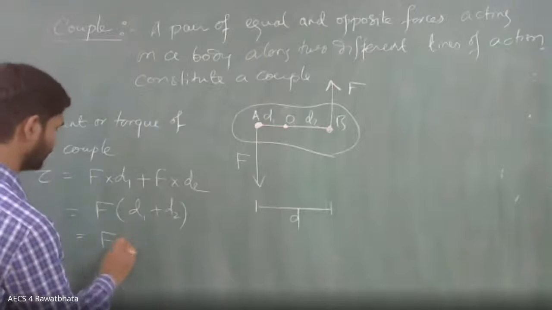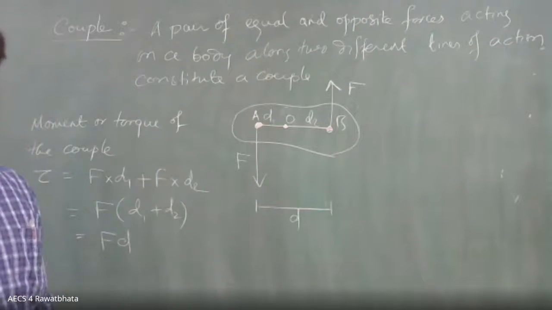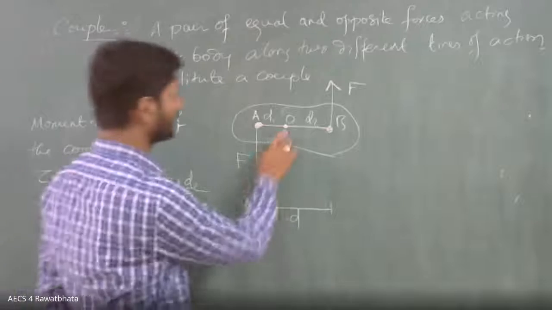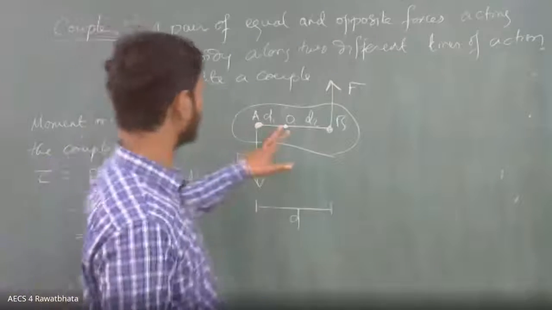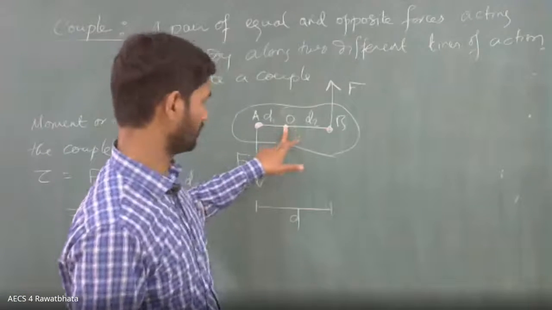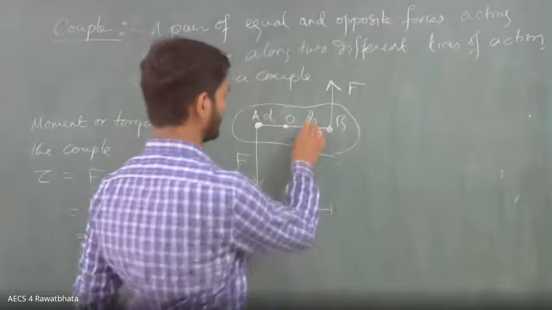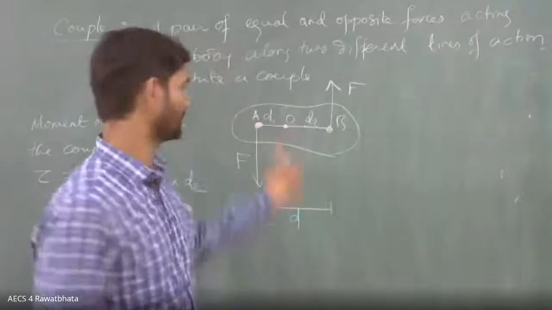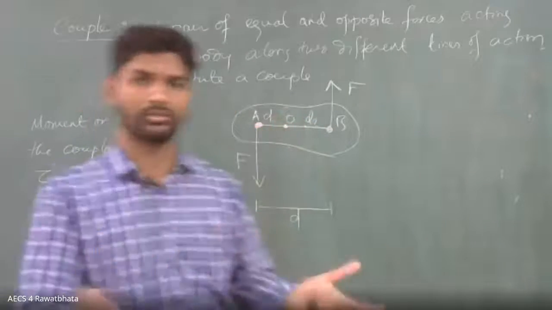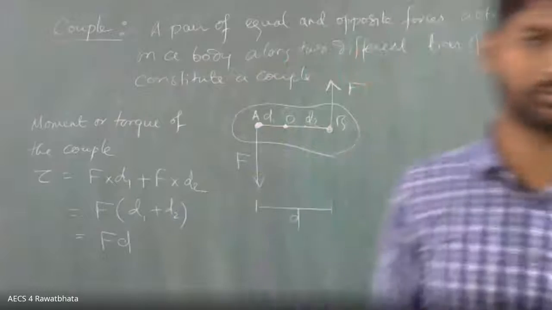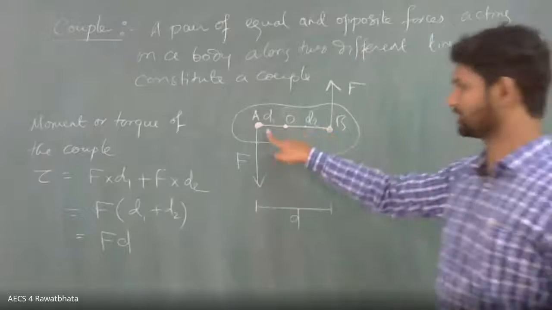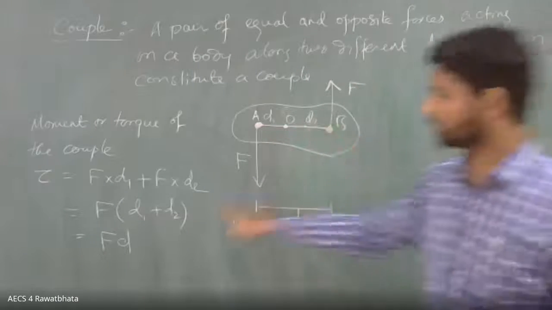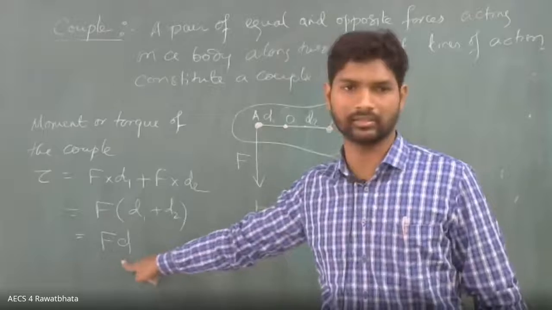So F into d. Now see here one interesting thing: if I shift this point O from here to somewhere here, the distances d1 and d2 change. Even if d1 and d2 change, the total distance d remains constant.